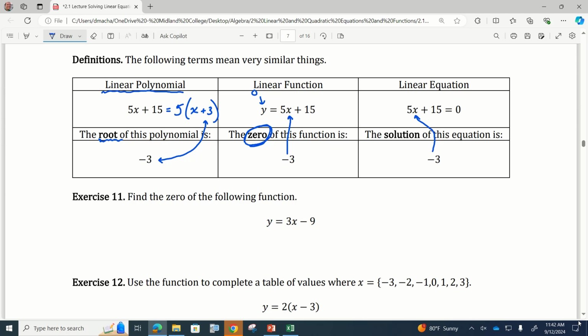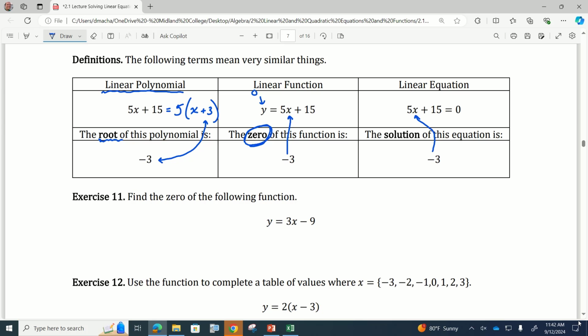And a lot of times we can get lazy and interchange the word root and 0 and solution. You might just casually say that the root of this linear function is negative 3. But it's because they have this in common.